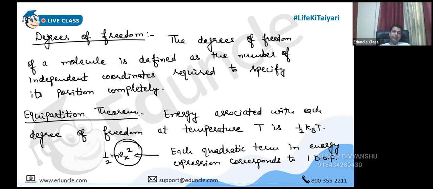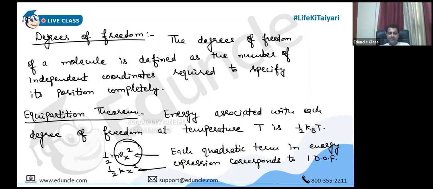Whether it is half m vx square or half k x square, every time you come across a quadratic expression, potential or kinetic, they are always in this form. So this is another way of defining degrees of freedom. Clear? Either by the number of parameters or by the number of quadratic terms in the energy expression.